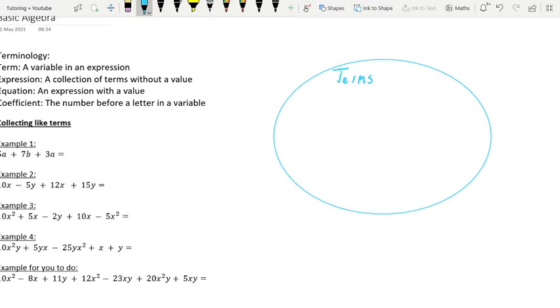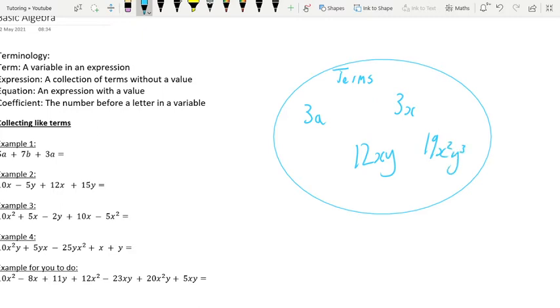I'm just going to write some terms. So 3a is a term. 3x is a term. 12xy is a term. 19x squared y cubed is a term.